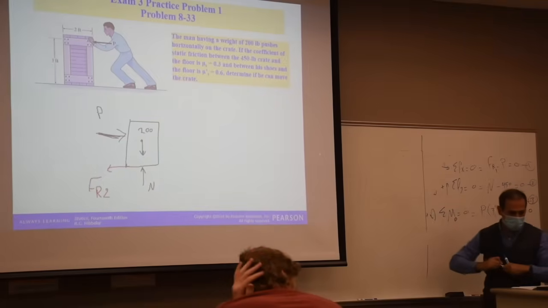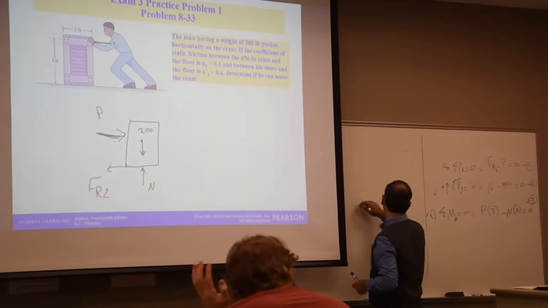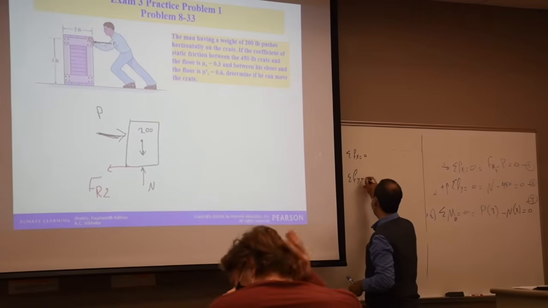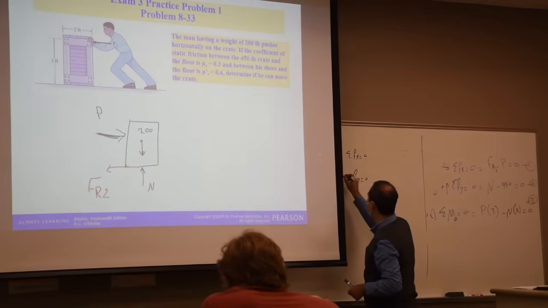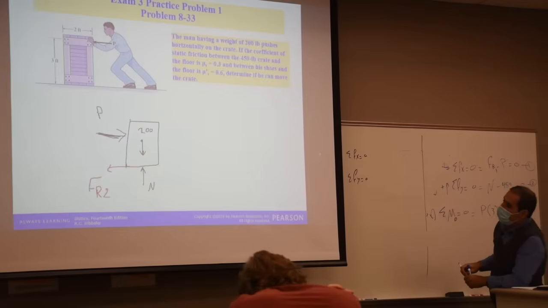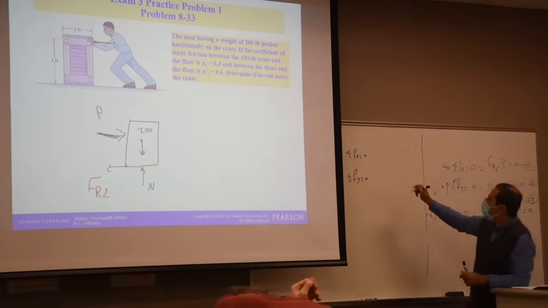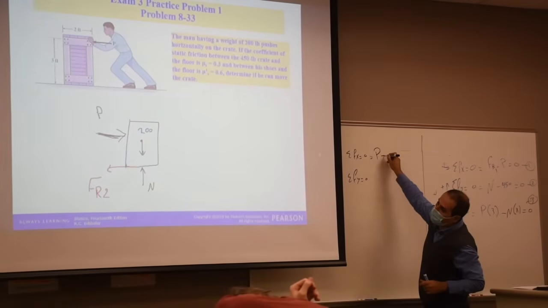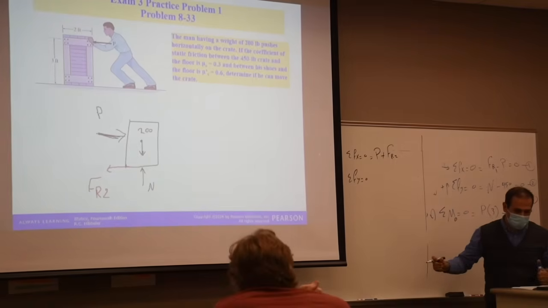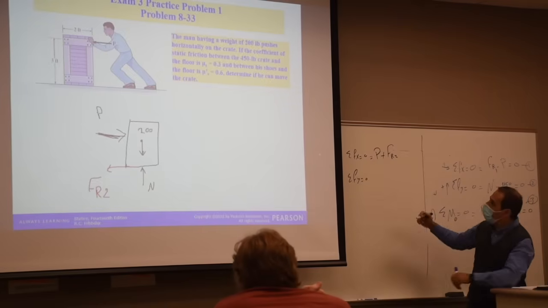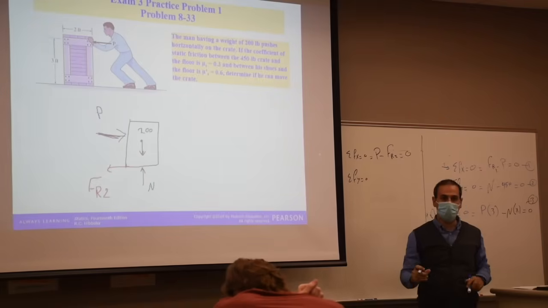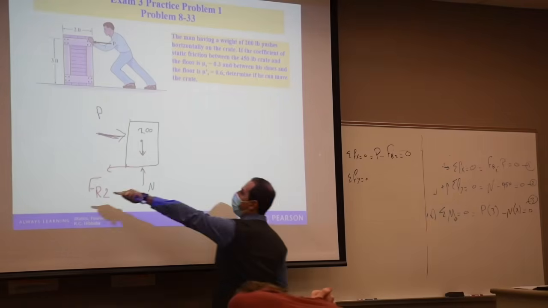So for the second structure, I will have summation of forces in the x-axis equal to 0, and summation of forces in the y-axis equal to 0, positive is going up. What do I have in the x-axis? P is positive, plus FR2, correct? Oh, it's the other way, negative, sorry, because FR2 is going in that direction, P is going the other way.